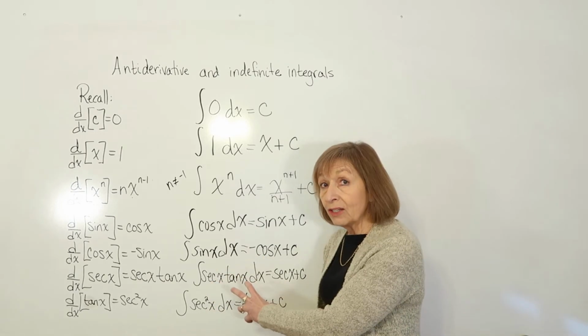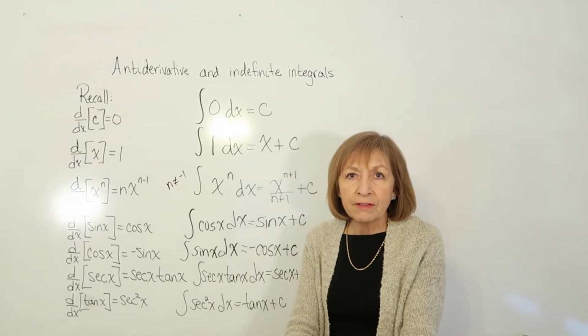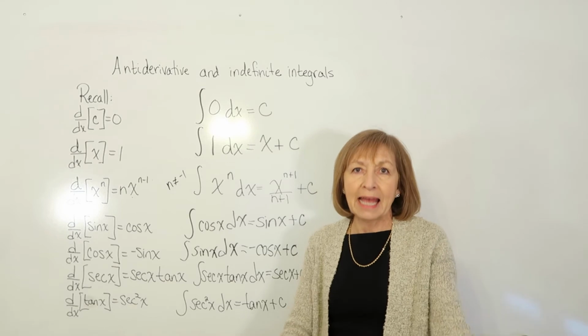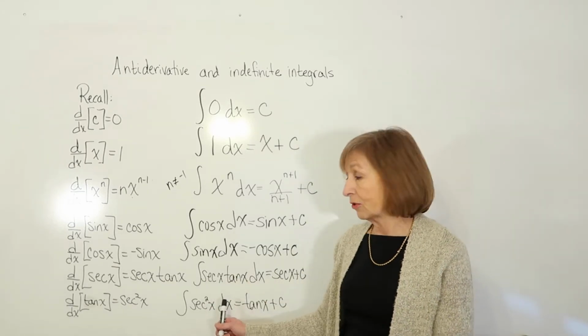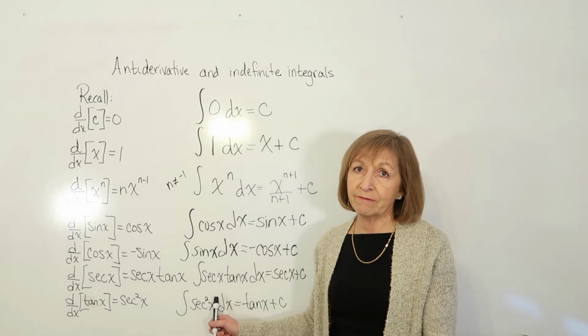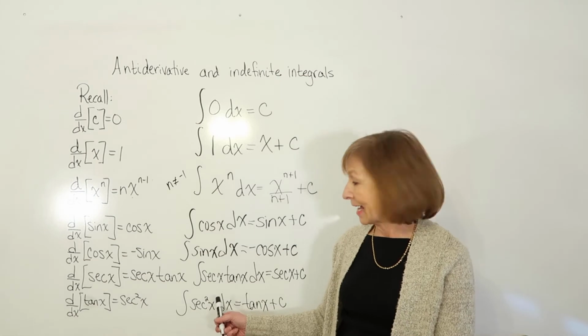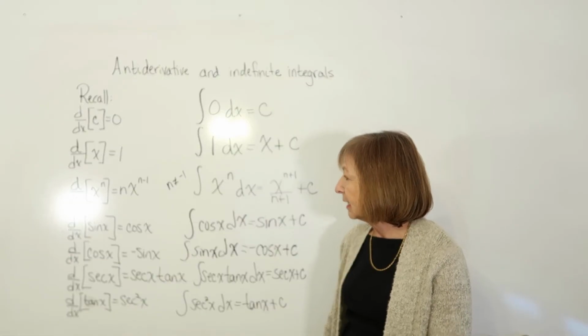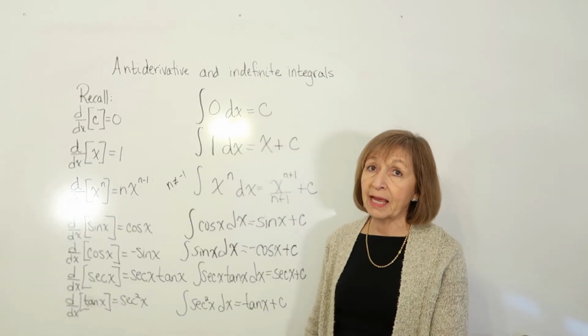But this particular multiplication of secant x tangent x actually was a derivative of secant x. So there's not any real fancy stuff that has to occur here. I just have to make sure that I'm very comfortable that secant x was the function that had that as its derivative.